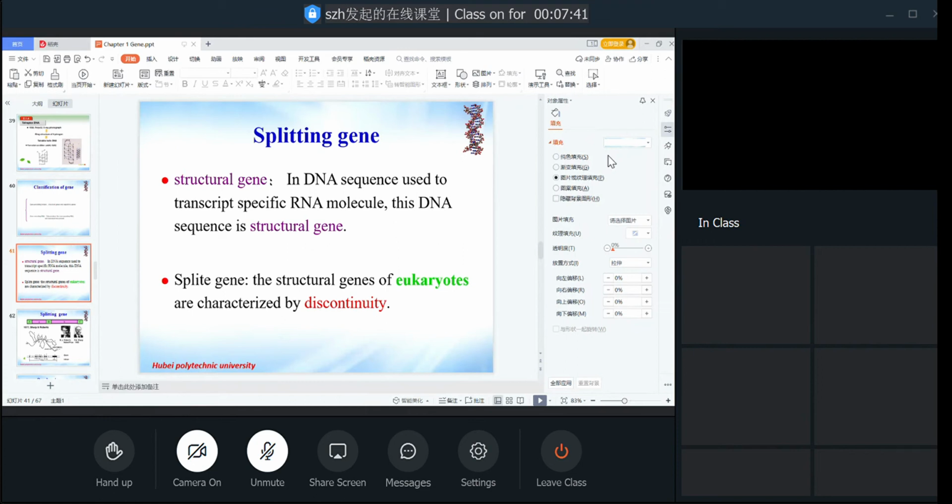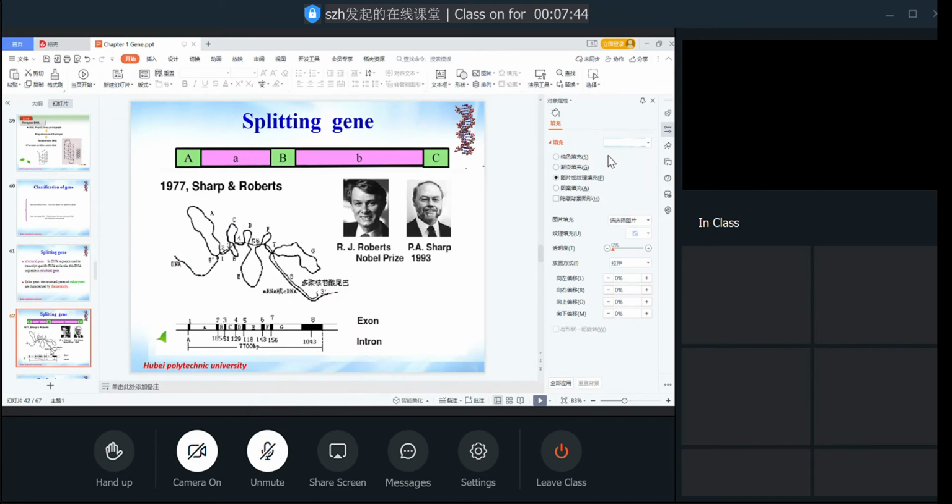Here you can see, in the PPT, the model about this. You can see the blank sequences, the white, and the letters A, B, C, D, E. Here, the capital letters A, B, C in the future encode the protein.